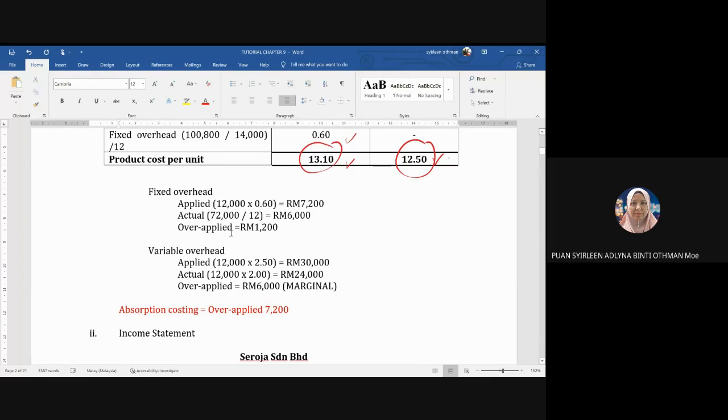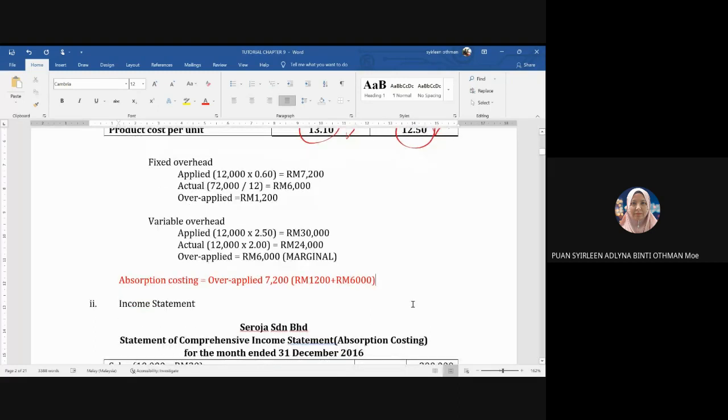So tadi you ada over applied by 1,200 and then another over applied by 6,000. That's why kita dapat 7,200. Okay, so this is actually 1,200 plus 6,000. Okay, so this is how you get your over applied by 7,200.